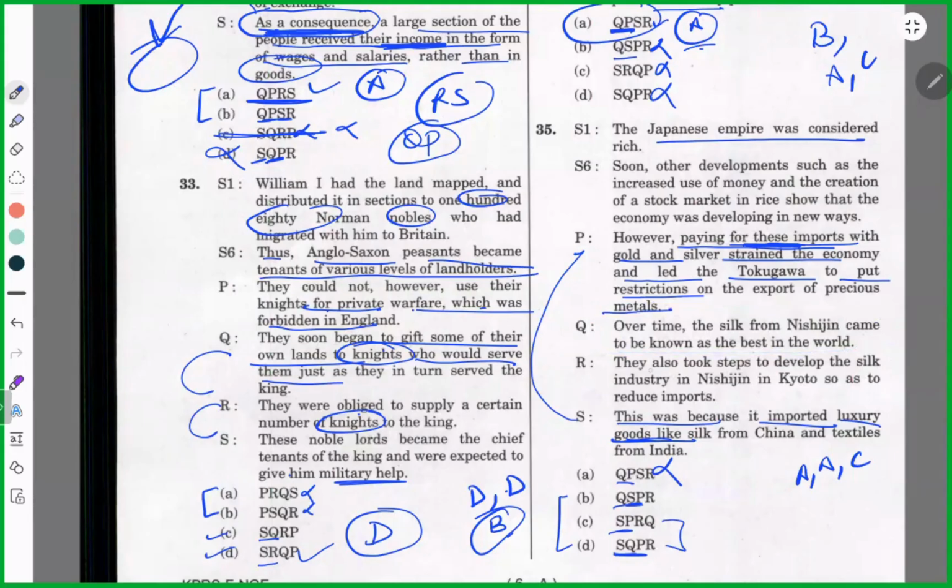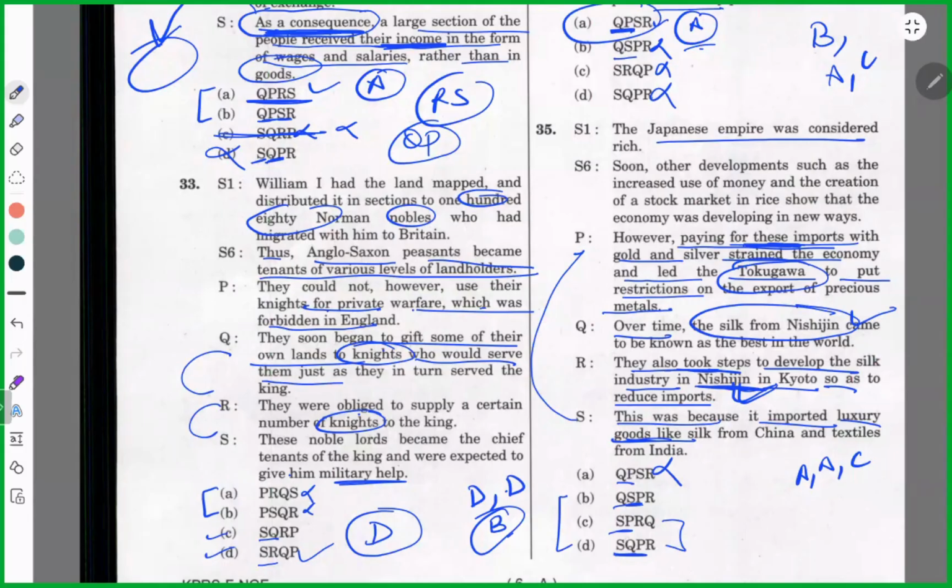Okay, they also took steps. The first step was putting restrictions on precious metals. Then they also took steps to develop the silk industry in Nishijin in Kyoto, so as to reduce imports. Over time, silk from Nishijin: obviously introduction, then explanation. Here also introduction, then further development.